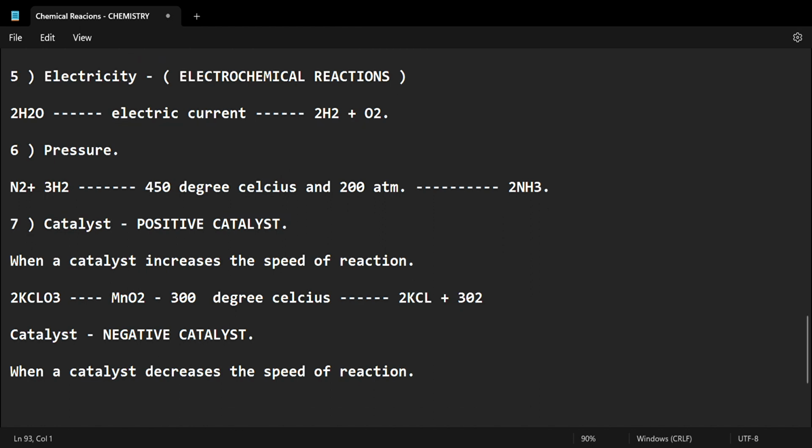Okay, so a catalyst can decrease the speed of the reaction or increase the speed of the reaction. So now what are enzymes? Enzymes act as catalysts.